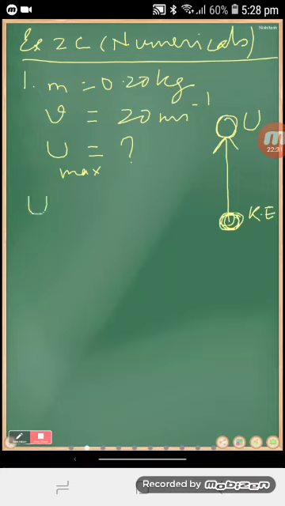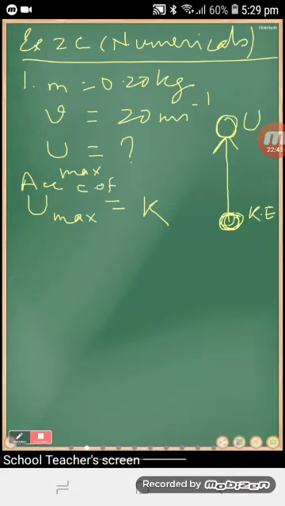So U max we can write as equal to K, according to the law of conservation of energy.